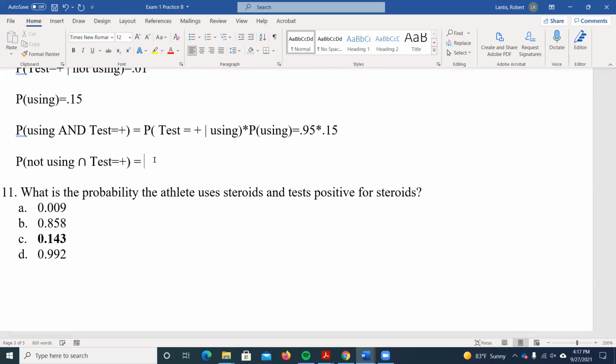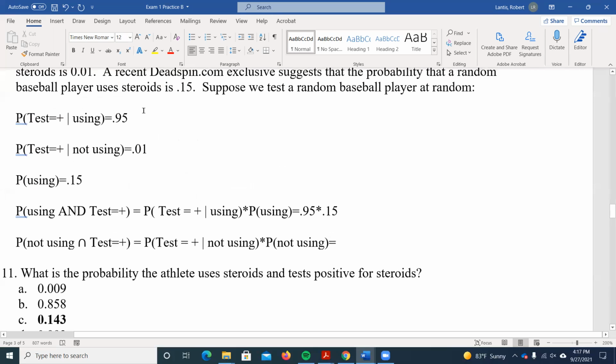Once again, this is just equal to the conditional probability multiplied by what I'm conditioning on. It's just now I'm looking at what's the probability the test comes back positive, given that the individual is not using. So now what I've conditioned on is that they're not using, so I'll multiply by the probability they're not using. Once again, I go back up here.